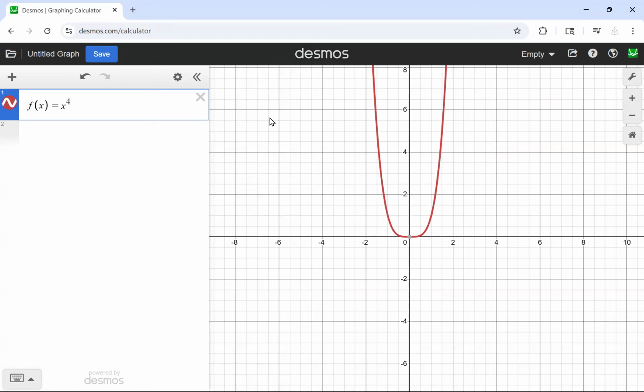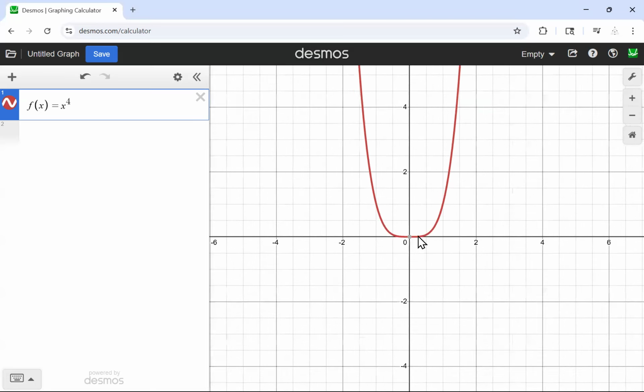My basic x to the 4th kind of looks like a parabola, but the way it differs from a parabola is down here, it's closer to the x-axis for a longer period of time.